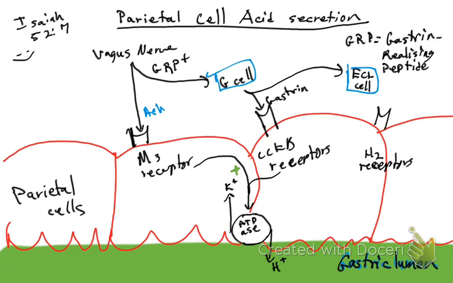Okay, so basically we have two that are going to stimulate this one. First, acetylcholine that entered through the M receptors. Second, gastrin that entered through the CCKB receptors.